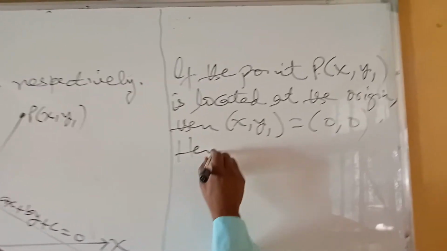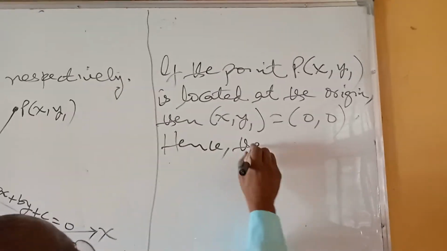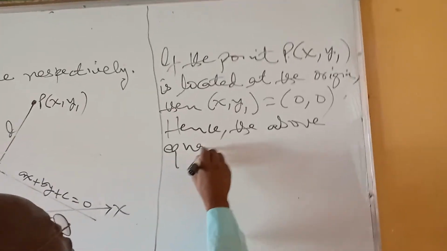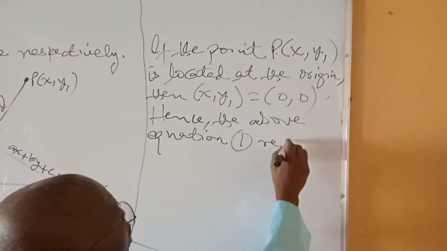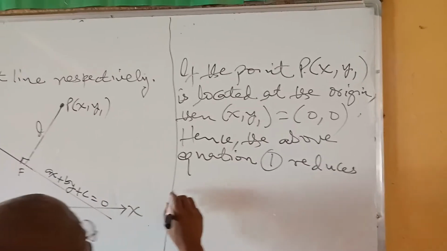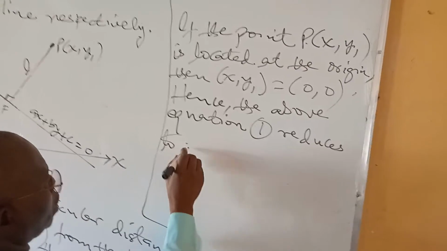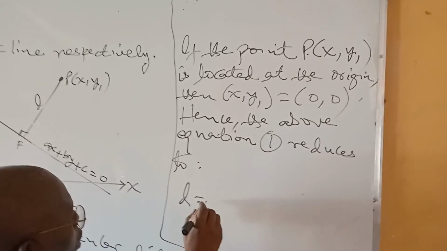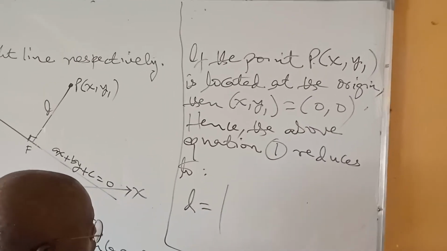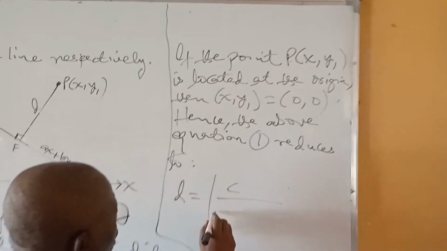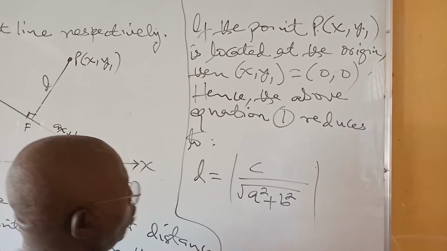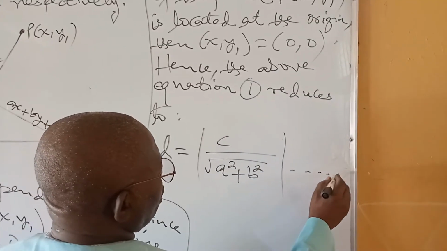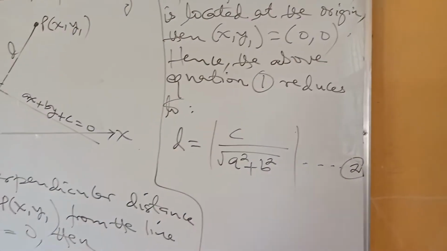Hence, the above equation 1 reduces to D is equals to the absolute value of c over the root of a squared plus b squared. Call this equation 2. Why?